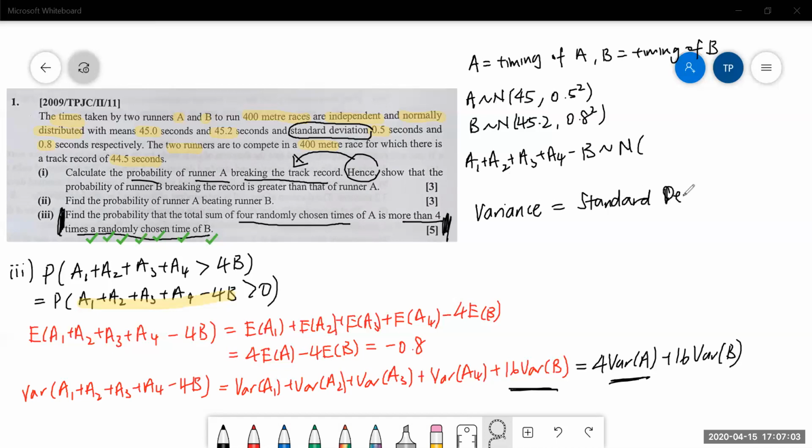I've been going through this since day 1 in discrete random variable. So it's 0.5 squared. Variance is standard deviation squared.